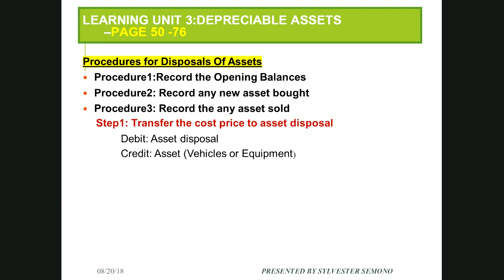It's either you dispose an asset in the form of cash. Did you get that? And then if you sell that asset in the form of cash, the account is going to be bank. I think it's obvious because you are receiving cash. Are you okay? I'm talking about when you dispose it for cash, okay?